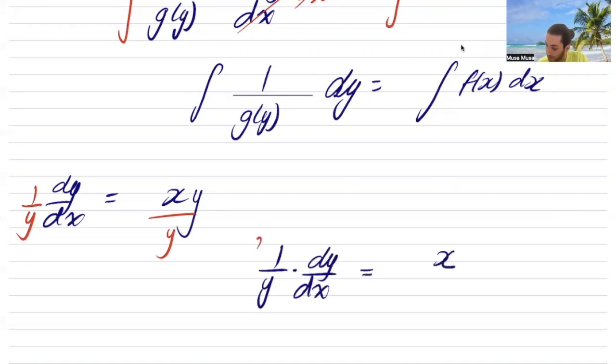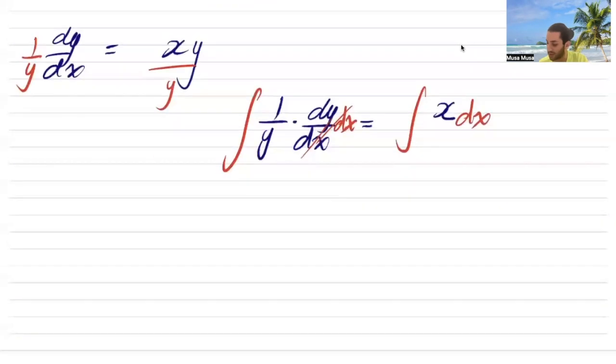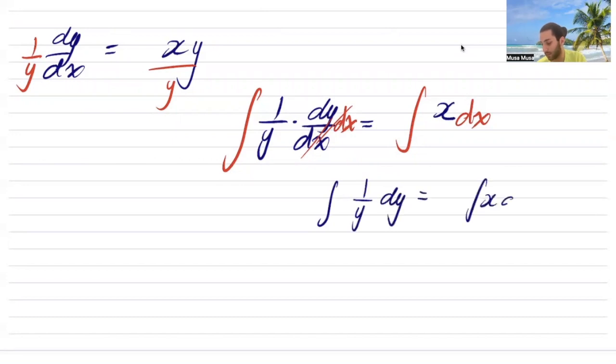Then integrating both sides with respect to x cancels off these dx's. And now I'm just integrating 1 on y with respect to y. The integral of 1 on y with respect to y is just ln of the absolute value of y. And then this is a half of x squared plus c.